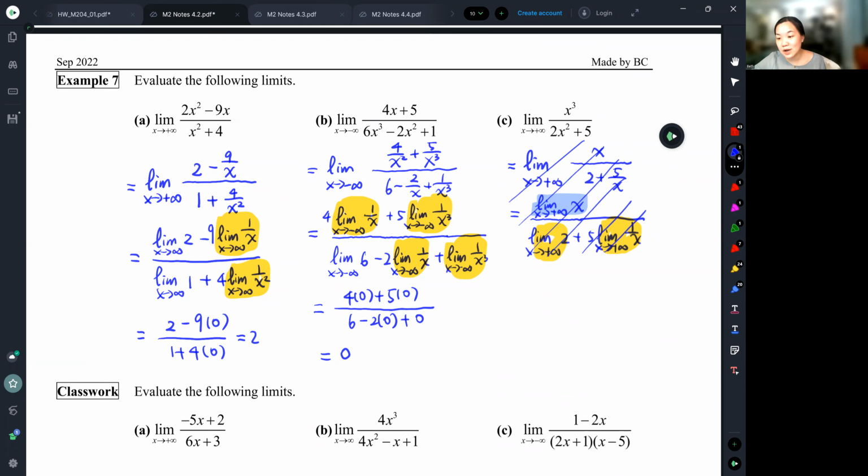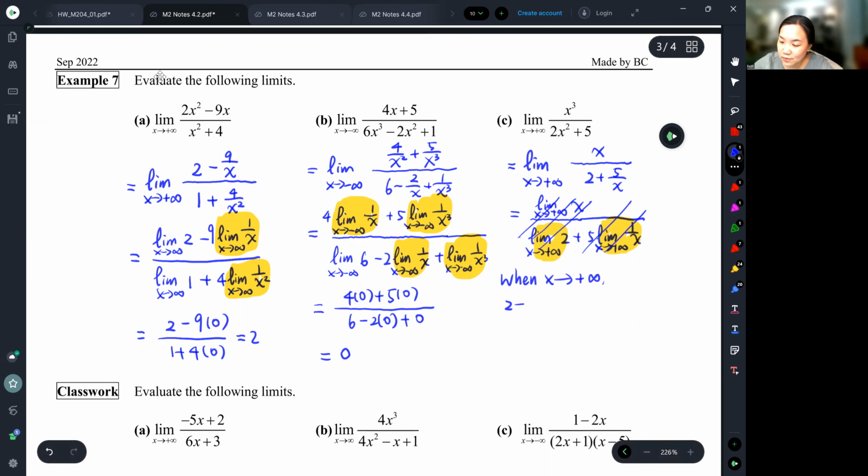Now, to translate that to our question, how should I present it? Maybe I shouldn't scratch everything. I should scratch just this part, because this doesn't work, but the previous step still works. I can say when x tends to positive infinity, the numerator tends to infinity, but 2 plus 5 over x tends to 2.